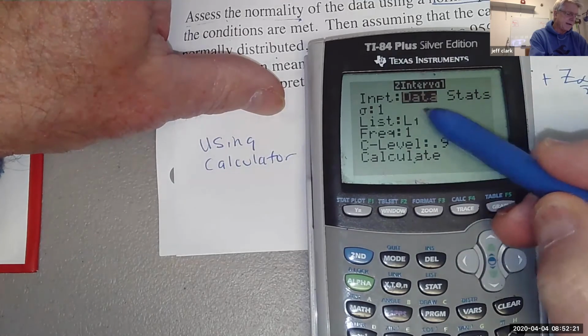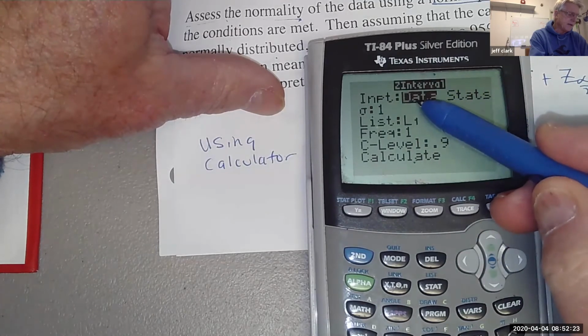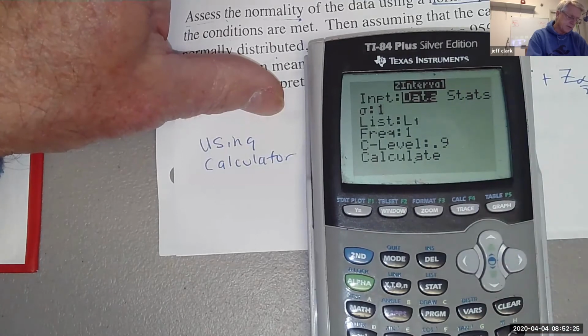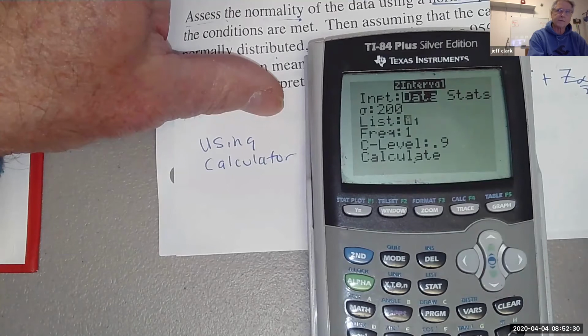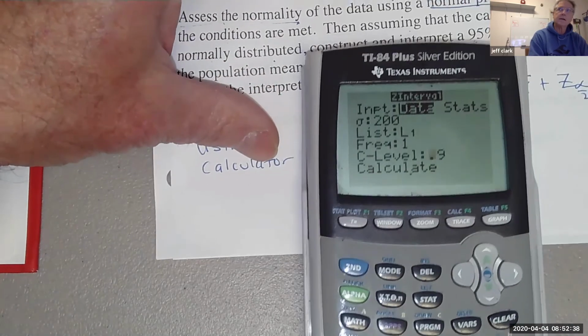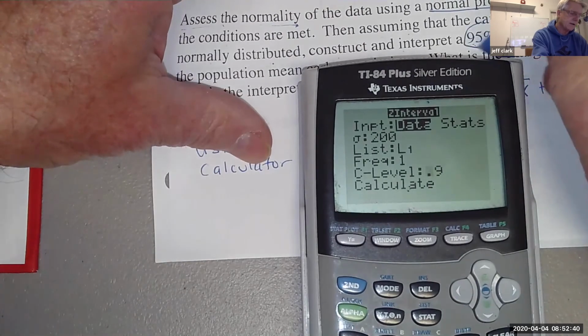Sigma was 200, that's what they gave you. We're going to draw from list one. Always leave frequency at one. And for confidence interval, we wanted 95%. Remember that? 95% is right here.